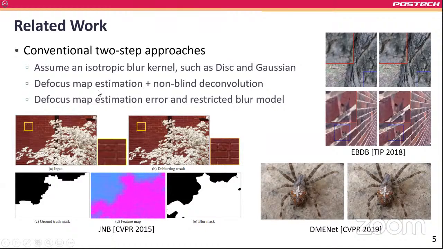The defocus map estimation gives us the size of the blur at each pixel. Then we apply some non-blind deconvolution to obtain the final focused image. But usually the defocus map estimation is not perfect, and this simple assumption of a disc or Gaussian shape of defocus blur is not very accurate, so the result was not perfect.